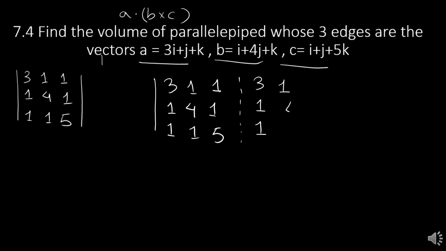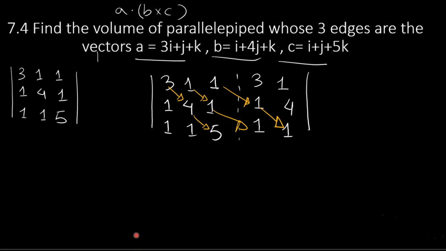Okay, so then 4 1. What I did is I just rewrote them. So like 3 1 1 3 1 1 1 4 1 1 4 1. Now we're going to multiply these, and we just write the multiplication of these, like 3 times 4 times 5 gives us 60.